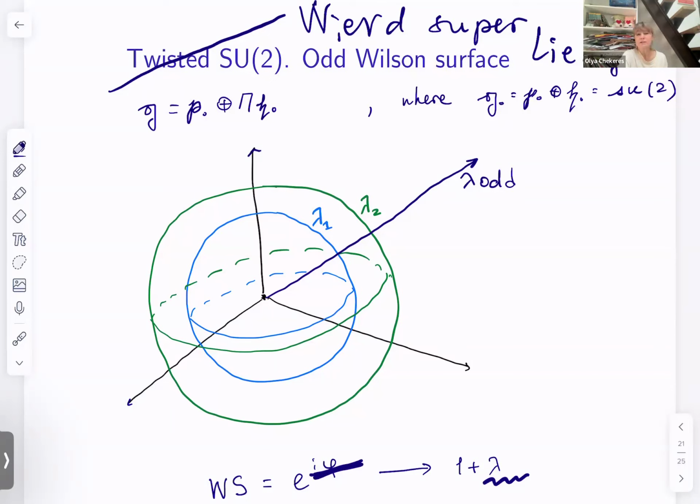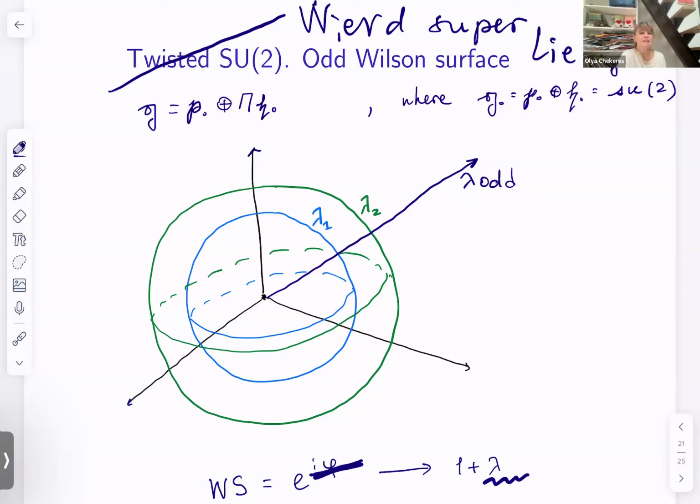And to simplify things, we take the case of SU2. We look at the orbits of SU2, which are two-dimensional spheres foliating R3. And we say that we change the parity of the radial direction.